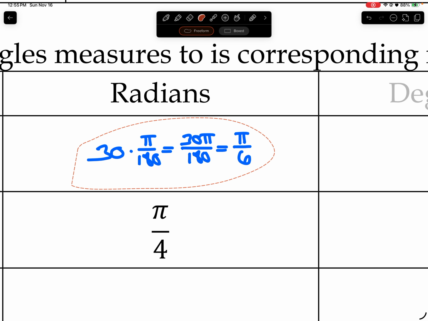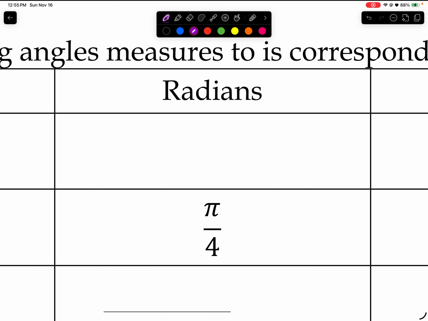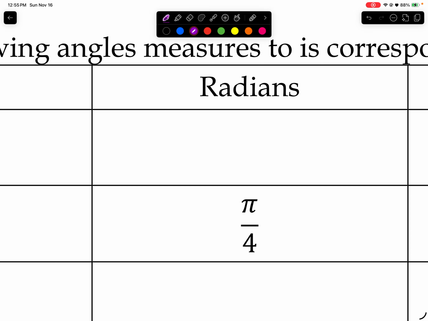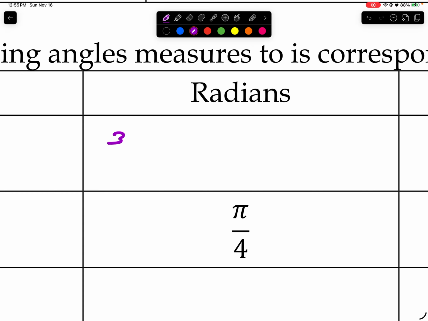Now, if you want to be a little more specific in how we do this, I know you cover this in, I believe it's called stoichiometry in chemistry, but let me write this out a little differently. If I do 30 degrees, and I want to convert this to radians, I would do pi radians over 180 degrees.